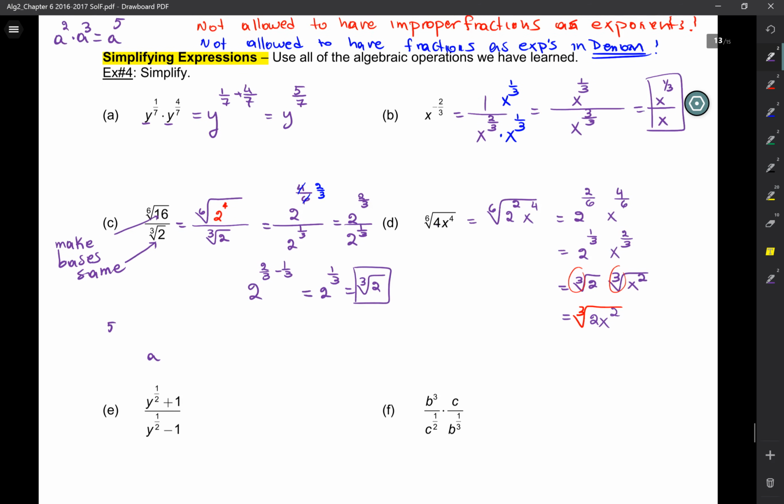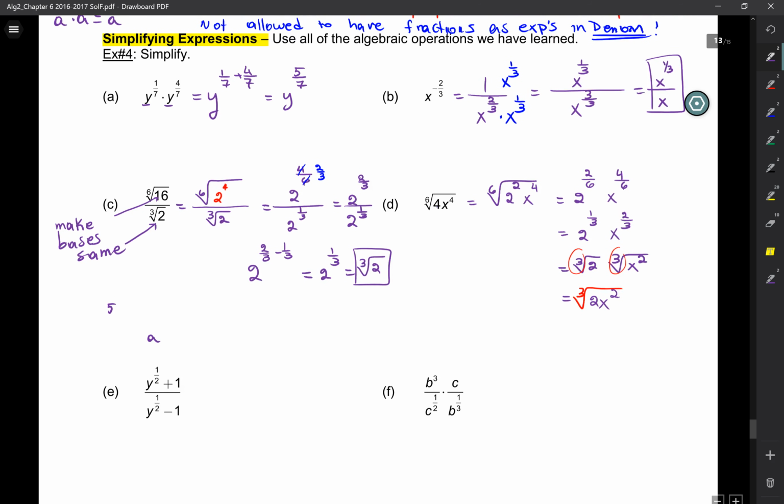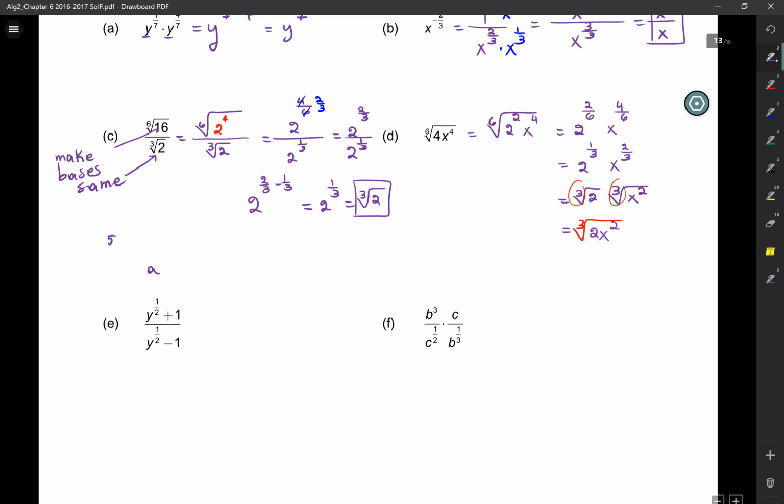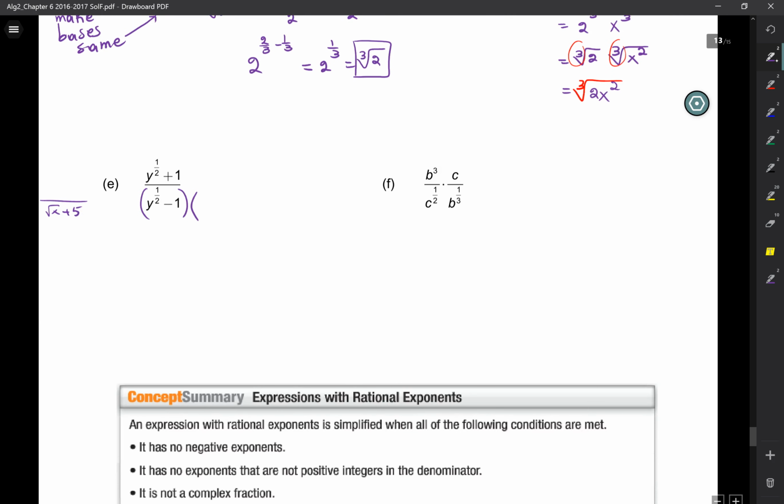Now I'm going to rationalize this one, so I need to multiply by the conjugate. If I had root x plus 5 in the denominator, what would I multiply by? Root x minus 5. I have y to the half minus 1. I'm going to multiply by y to the half plus 1.